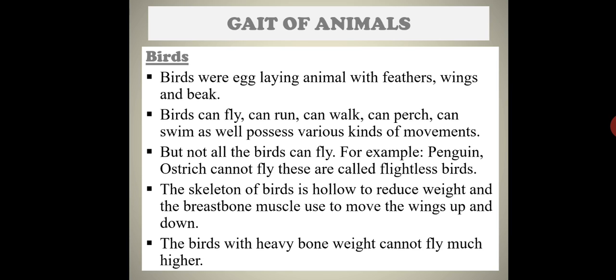The skeleton of the birds, as already mentioned, is hollow in order to reduce the weight, so that they can float in the air. Here also the breast muscles help to move the wings up and down.